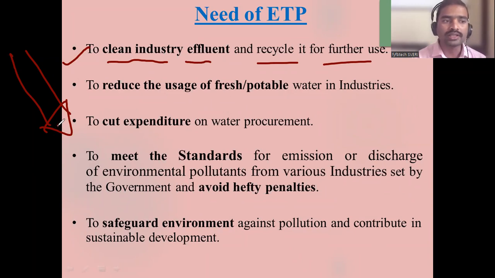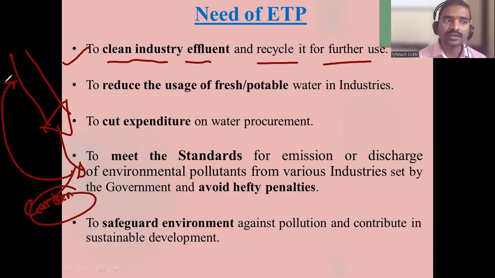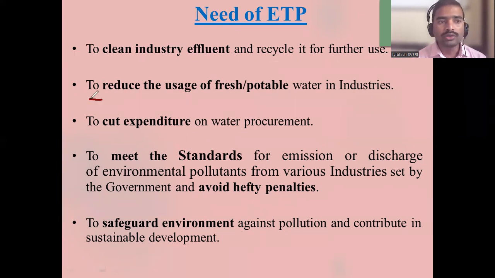So we can recycle it. Where to use it? For gardening purposes, or we can use it for toilets and so on. Again, this reduces the usage of fresh or potable water in industries.